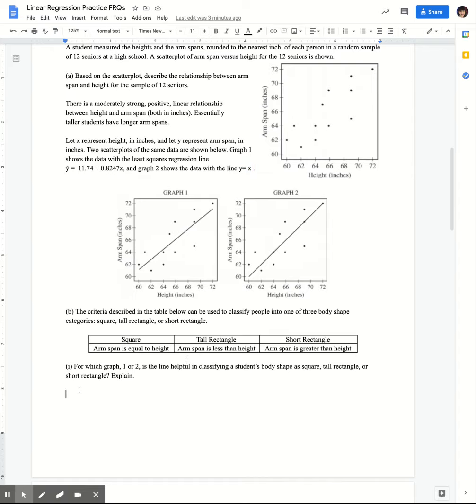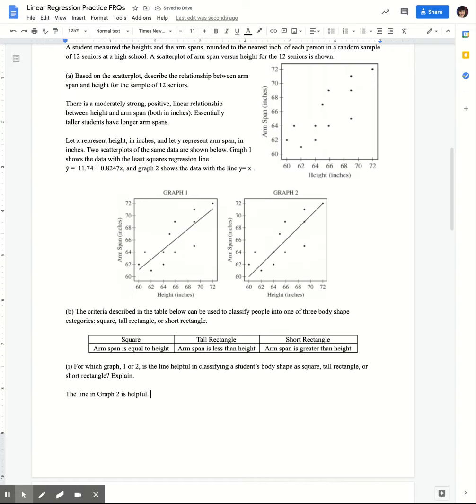So part I here says which is helpful in classifying body shape and explain, right? So I kind of already talked you through this. So the line in graph 2 is helpful, okay?